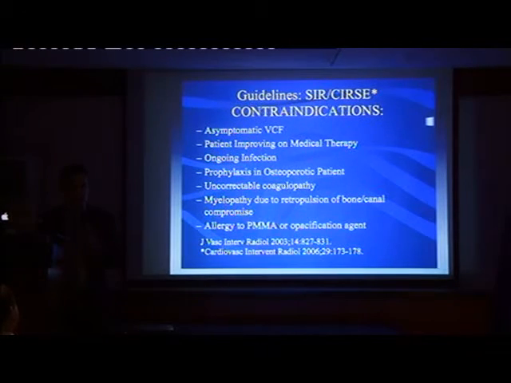If the person does not have pain but has a fracture, you should not do it because there's no evidence that that would be at all beneficial for that patient. Patient improving on medical therapy. If you look at the patient, and there's been literature looking at the healing process of vertebral fractures, at about a year, with or without vertebral augmentation, a fracture will heal.